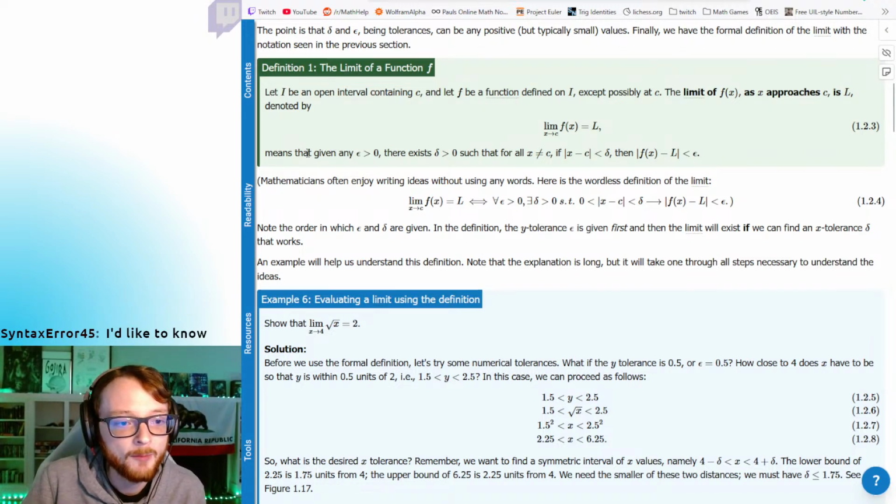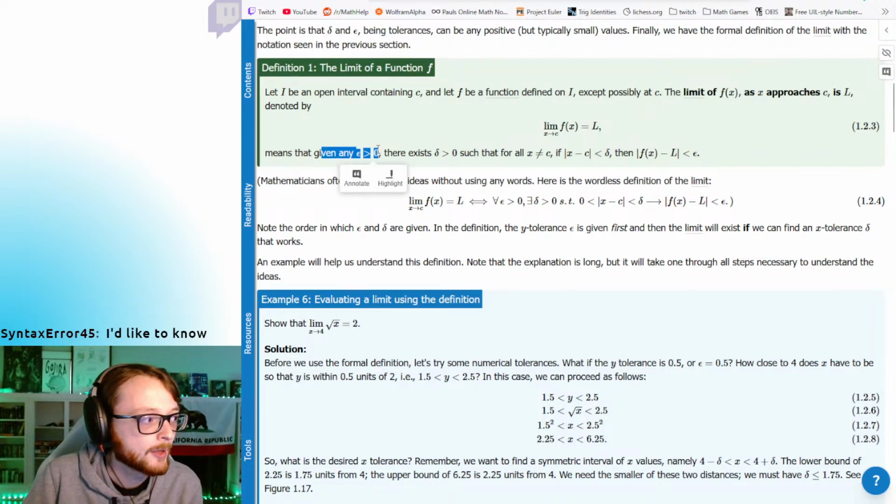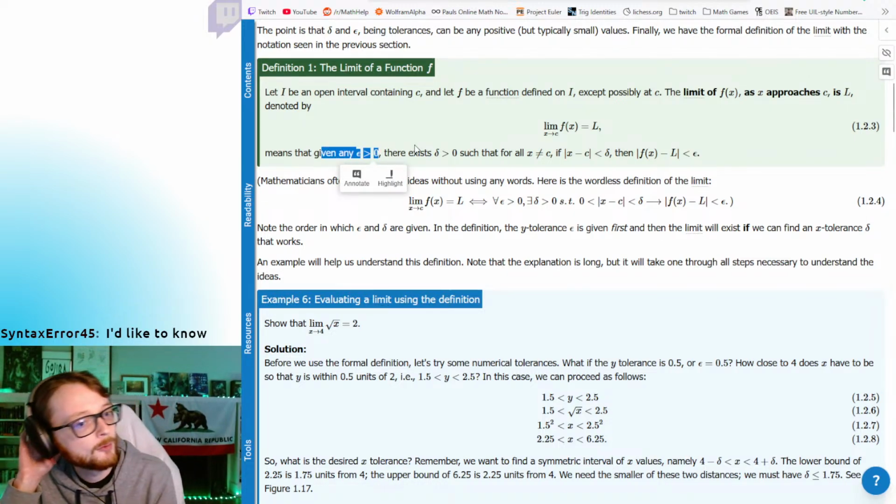So the entirety of an epsilon limit is that someone gives you an epsilon greater than 0, and it's basically your error tolerance.